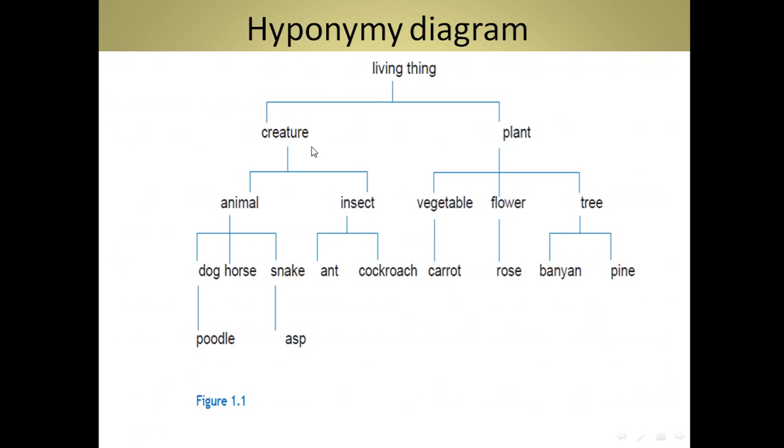All these are under living thing. Under living thing, we say creature and plant, as we say in Arabic, المخلوقات والنباتات. These are two types under living thing. When we say creature, for example, animal and insect.